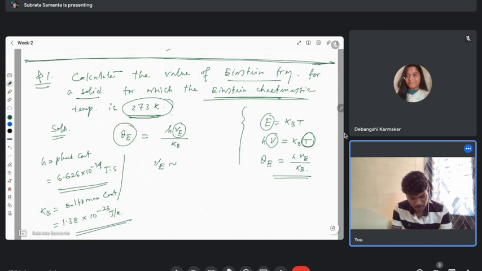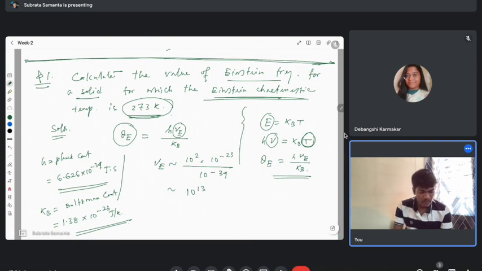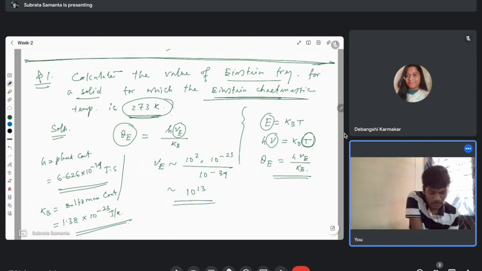So roughly, the order is 10 to the power 12, in hertz.